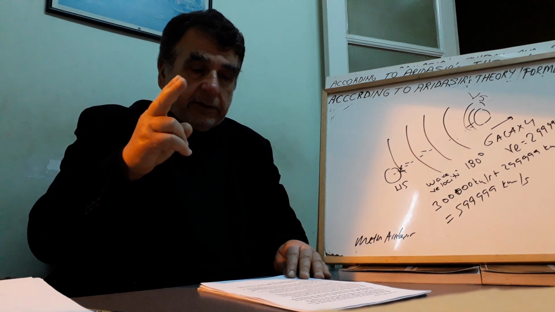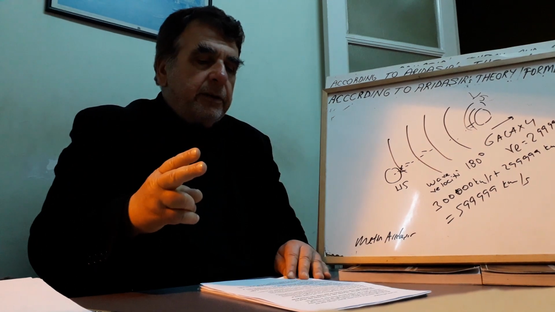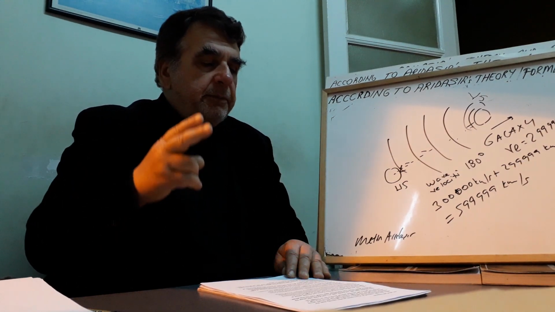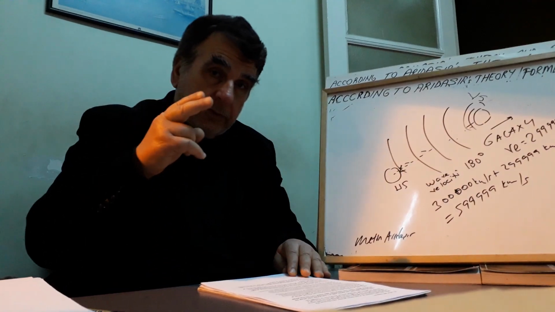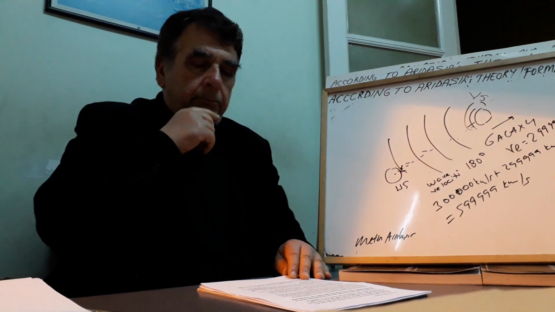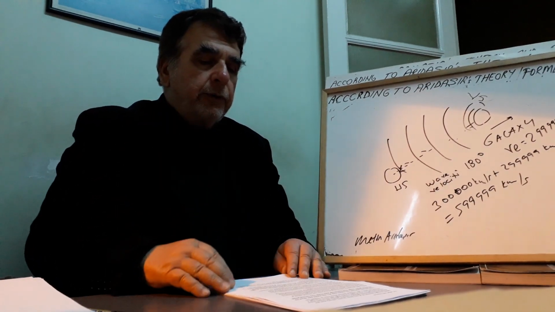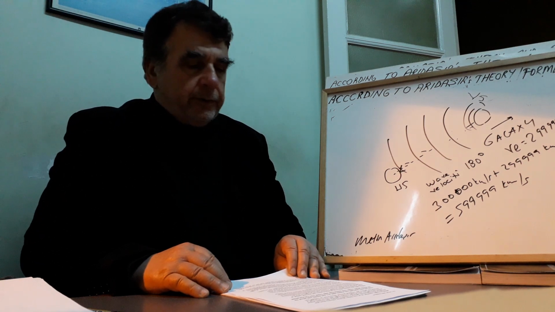The light cannot exceed or be equal to that 2 times greater km per second limit because of these jets and because of losing succession.